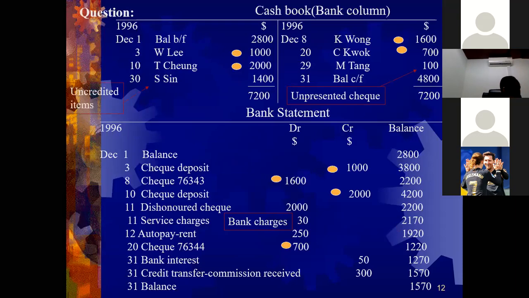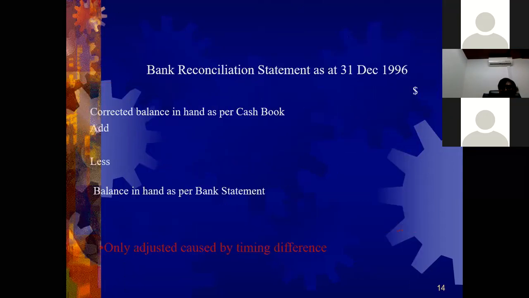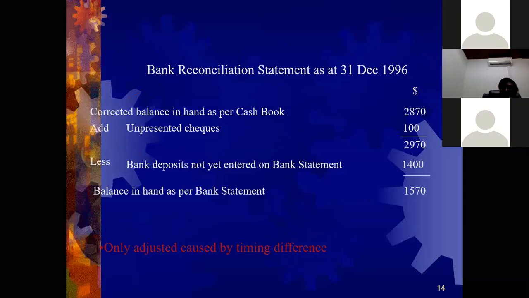Can you see the bank balance? Yes, madam. It's 1,570. So yes, we would have agreed the bank balance of 1,570 with our new updated cash book balance.